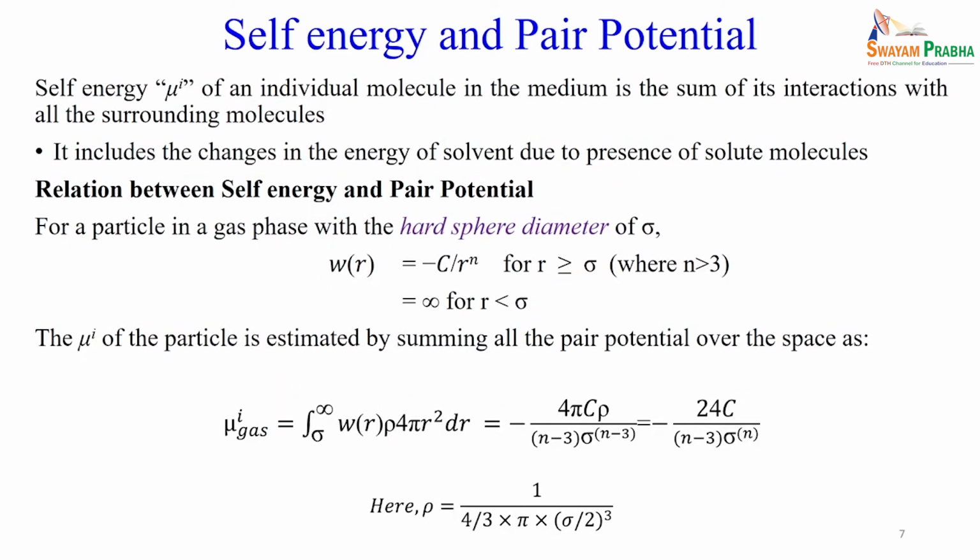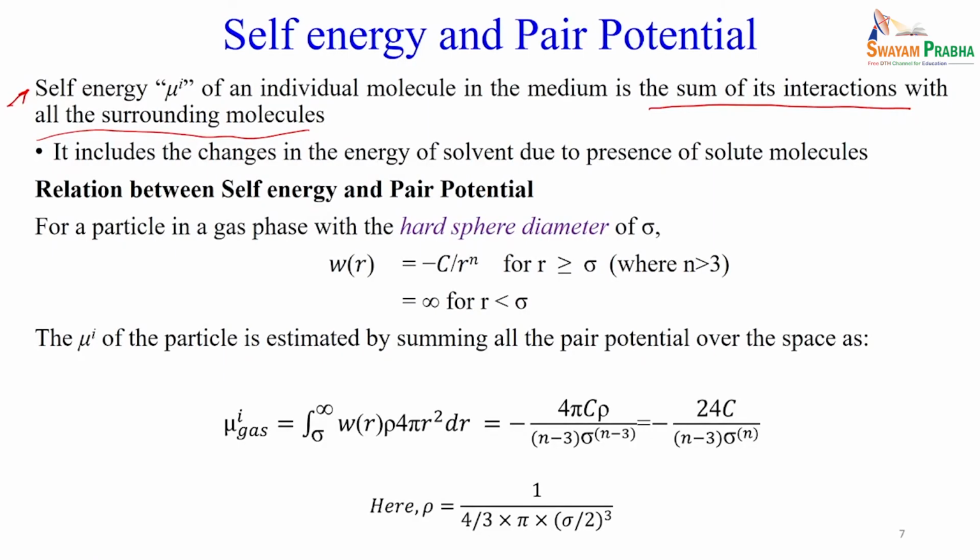Now, how are the self energy and pair potentials related? Self energy, in very simple terms, is the sum of interactions with all the surrounding molecules. Pair potential means the interaction between two molecules, but the self energy is the sum of interactions with all the surrounding molecules. It includes the change in the energy of the solvent due to the presence of solute molecules.